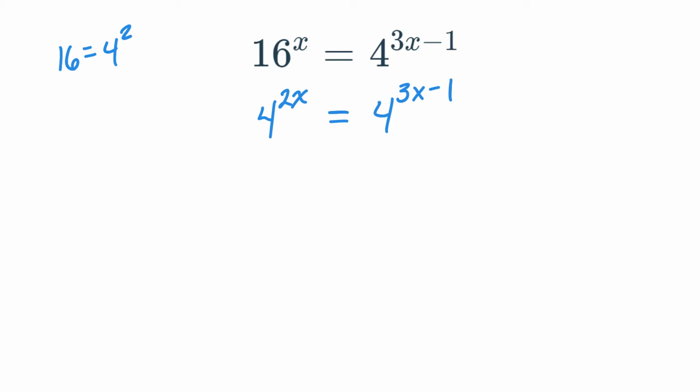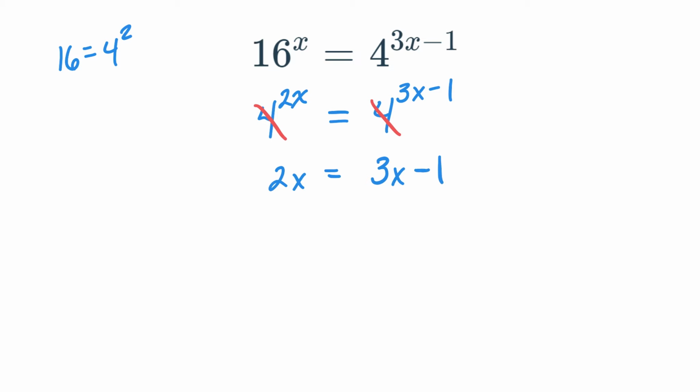That's why we want to aim for that common base. Because if 4 to some power is equal to 4 to another power, that means those two exponents have to be equal to one another. So once we cancel that base 4, we have 2x is equal to 3x minus 1.